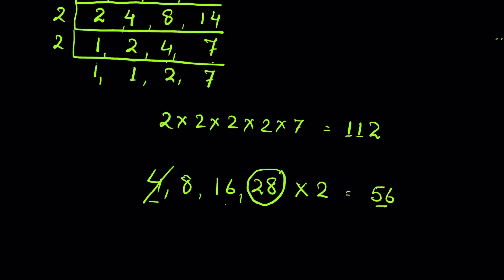Now 56 is divisible by 8, so we can cancel, but 56 is not divisible by 16, so we again multiply it by 2, which equals 112. Now you can see 112 is divisible by 16. 16 times 7 is 112, so we can cancel 16 also. So the LCM is 112.